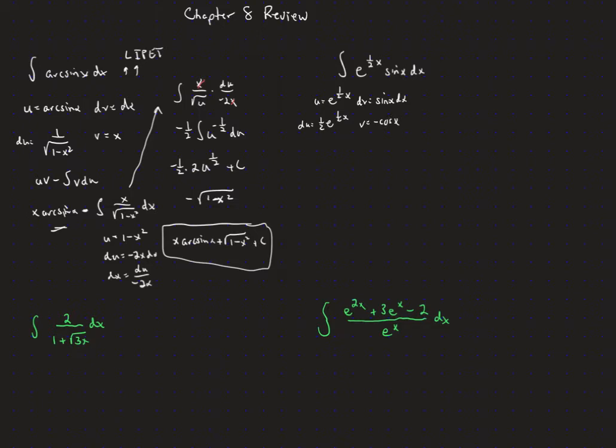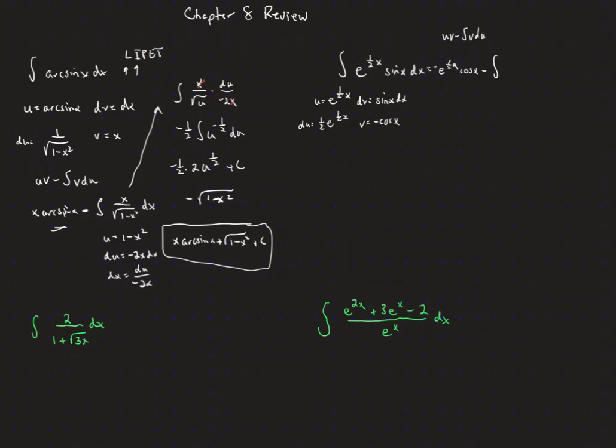So far we have our uv minus the integral of v du. Looks like u times v is going to be a negative e to the 1/2 x cosine x minus our integral of v du.